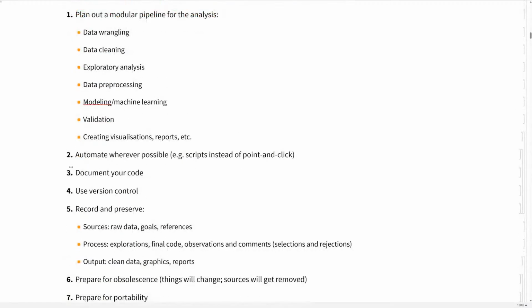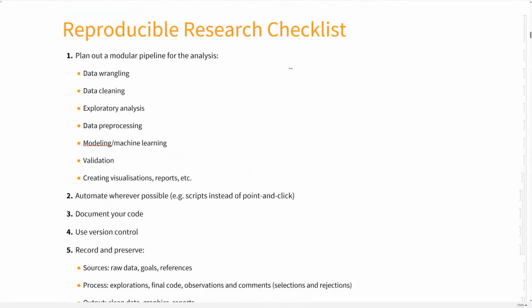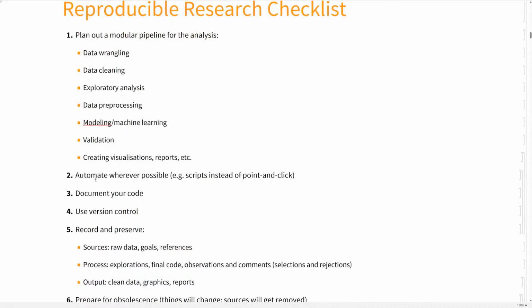The second point of being reproducible is to be more automated wherever possible, using scripts instead of point and click, because when it's more automated, there are fewer human errors, like coding-wise, where there's one line of code that I forgot to run, and then all of the following code does not work properly.